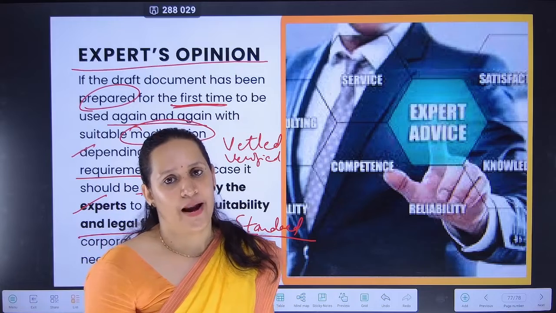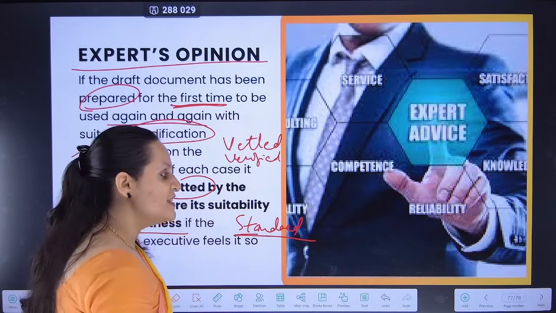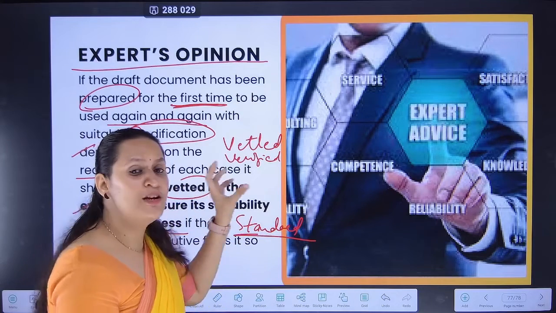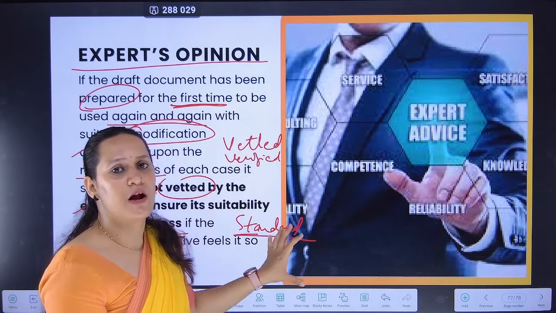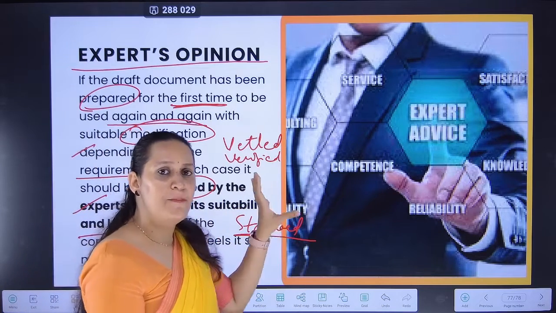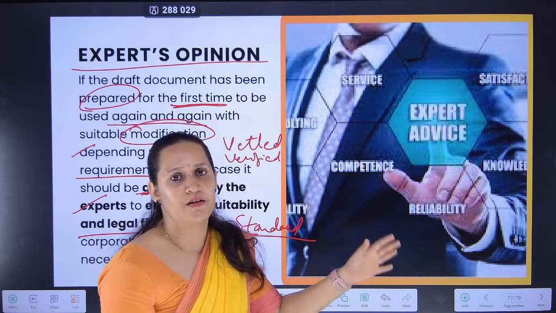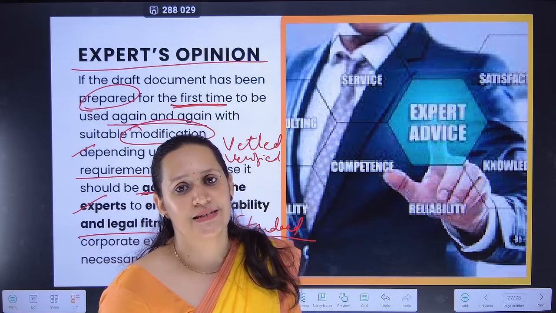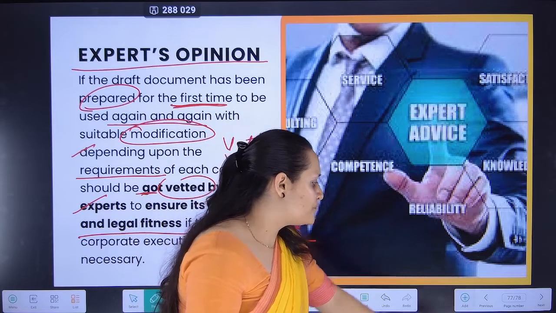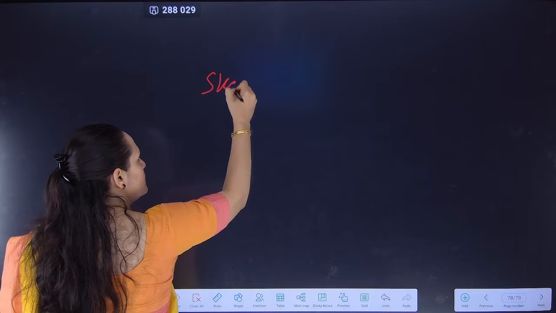You can get it vetted by an expert and ensure it is legally fit to be actually used in practice. So this is the entire process of drafting, right from conceiving the idea of drafting, the purpose of drafting, law, facts, putting into writing, using the principles of drafting, and then creating the basic sketch draft, creating the skeleton draft, doing the self-appraisal, getting it vetted, and then finally finalizing the document. First, we have to create the sketch.